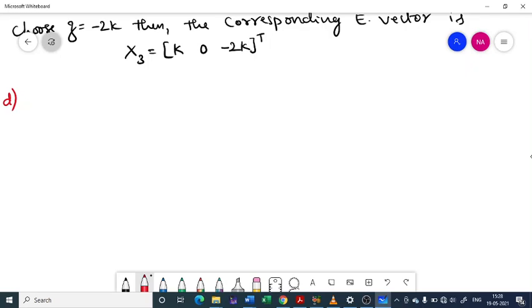Okay, problem D is A equal to the matrix 8, minus 6, 2; minus 6, 7, minus 4; 2, minus 4, 3. Solution.